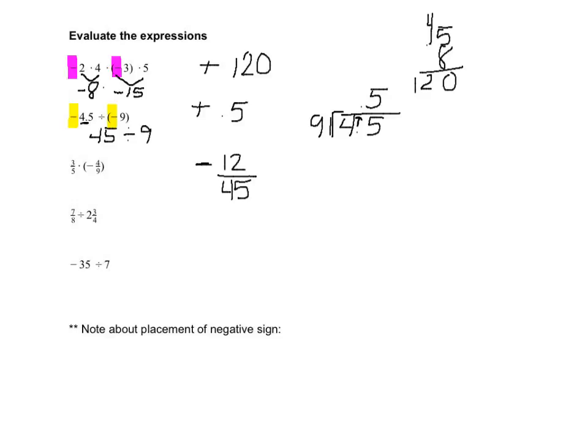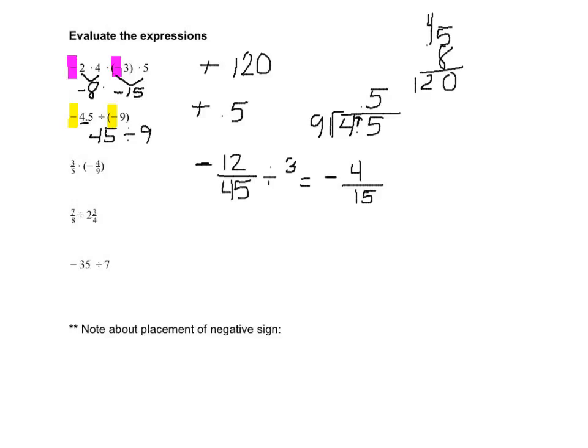Now we need to ask whether this is in simplest form. This one is not. I know for a fact that I can divide both of those numbers by 3. If I do that, 12 divided by 3 is 4. 45 divided by 3 is 15. And then don't forget to carry through with that negative sign.